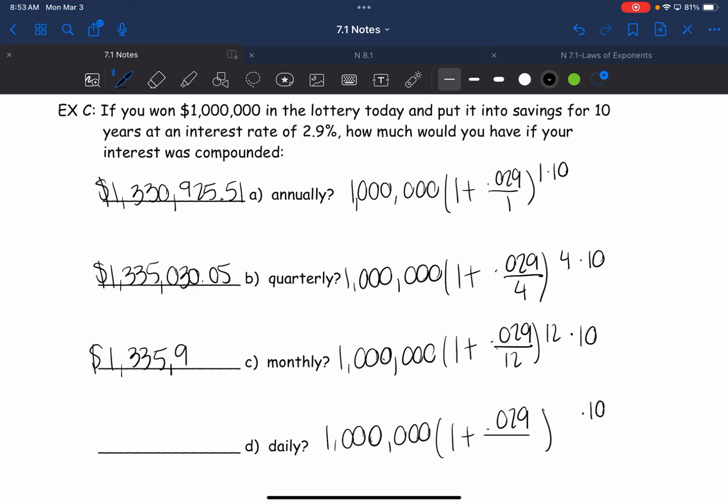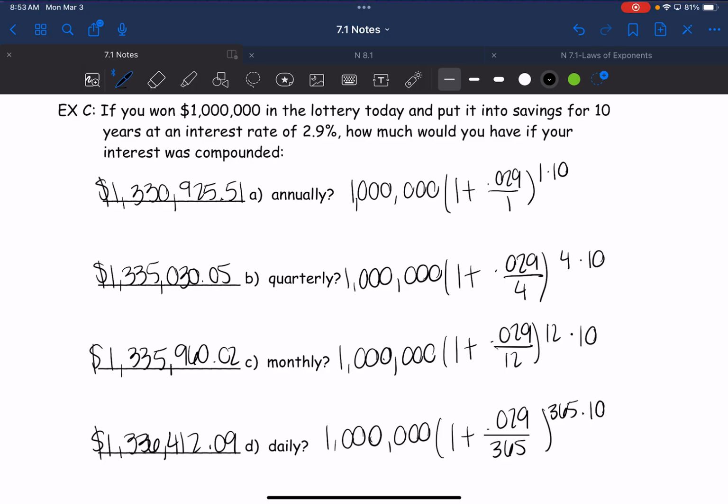All right. And then finally, daily would be 365 times a year, right? And how much did we get for that one? 1,236,412.09. All right. So if the interest rate doesn't change, we'd be best if we were compounding daily, right?